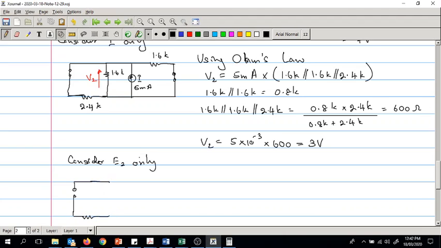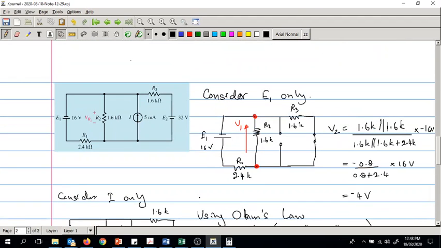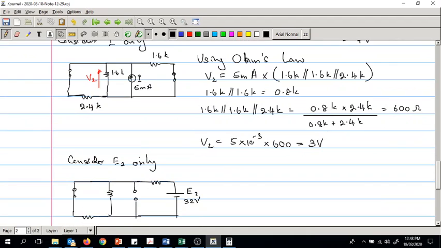We have a resistor here and another resistor here, a short circuit in here, then the current source is open circuited, and we have a resistor and a voltage source here, E2, 32 volts. Then we have 1.6k here, and here we have 1.6k, and then 2.4k.